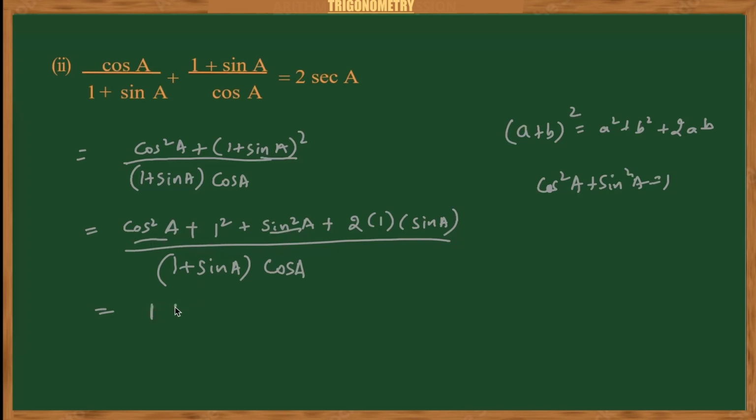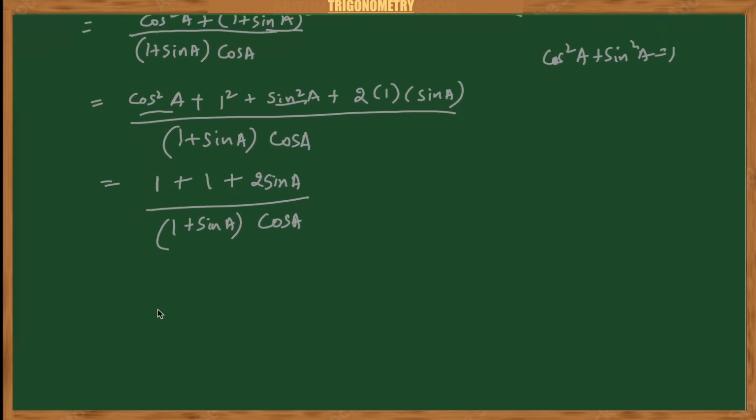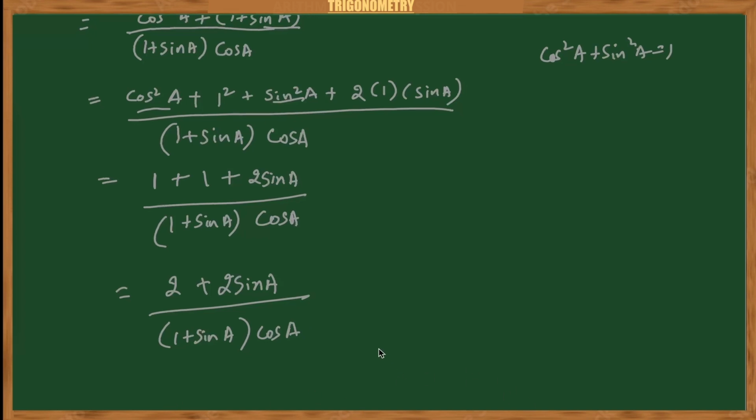So 1 plus what is remaining, 1 square is 1 plus 2 sin A. So 2 sin A divided by 1 plus sin A into cos A. Okay, so 1 plus 1 is 2. 2 plus 2 sin A divided by 1 plus sin A into cos A. Okay, so further, can we simplify?